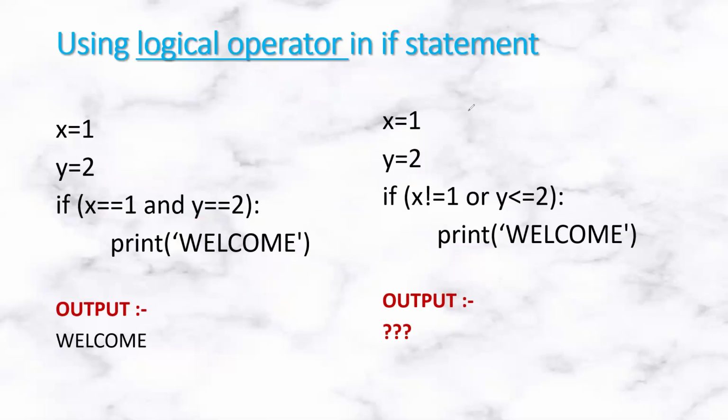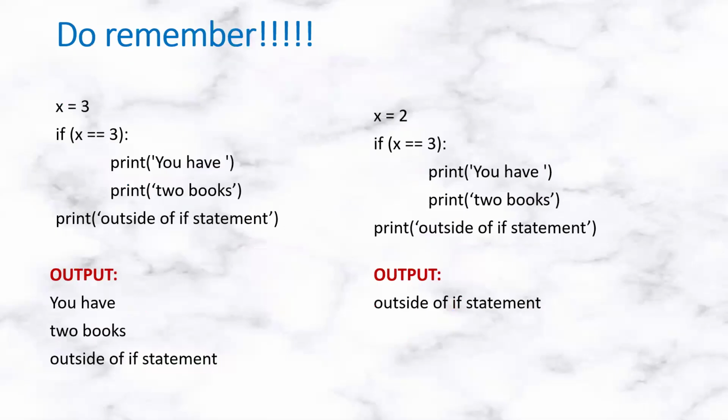Am I clear with it? Some response is required to understand. Why is the output given as a question mark? Because I'm asking you. That's why. On the slide, it is there because I am expecting you to execute and give me the answer.